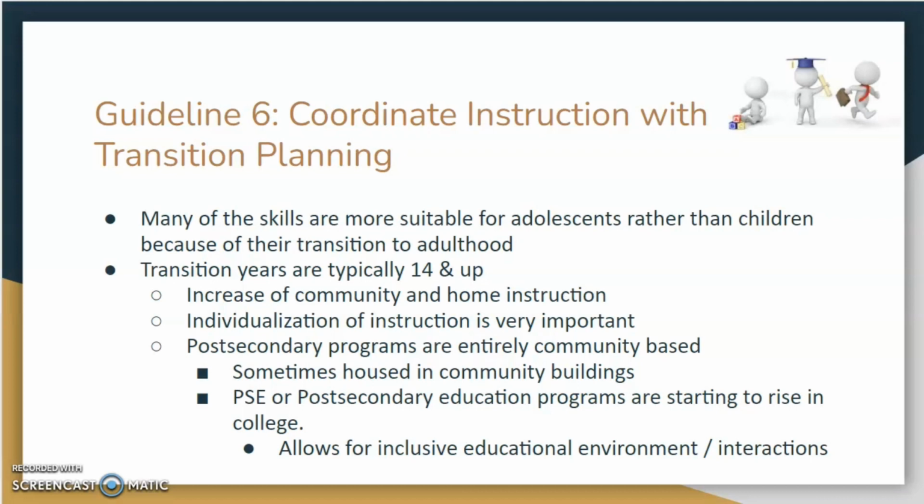Typically, you'll see transition years are 14 and up, with an emphasis of 18 or 19 to 21 after senior year of high school. This helps to increase community and home instruction. What that means is when they're transitioning, there is more of a focus on what we would call in vivo instruction.